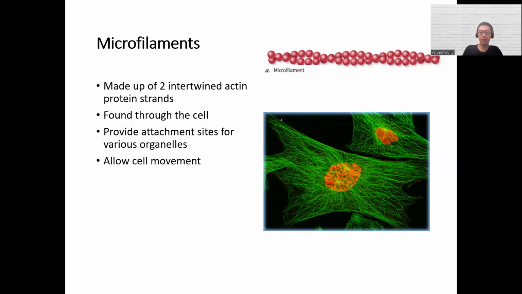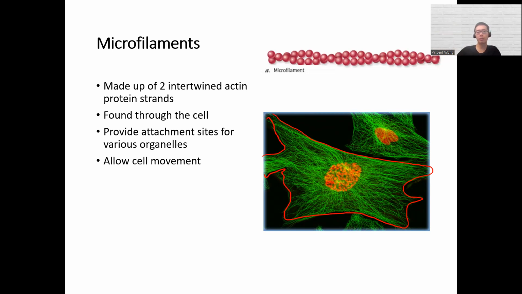This here is a cell, and the cell membrane is roughly there. You can actually use paint, I guess they're called fluorochromes, which would give off color when you expose the microscope slide to UV light, for example, and you can make the different components of the cell give off different colors.